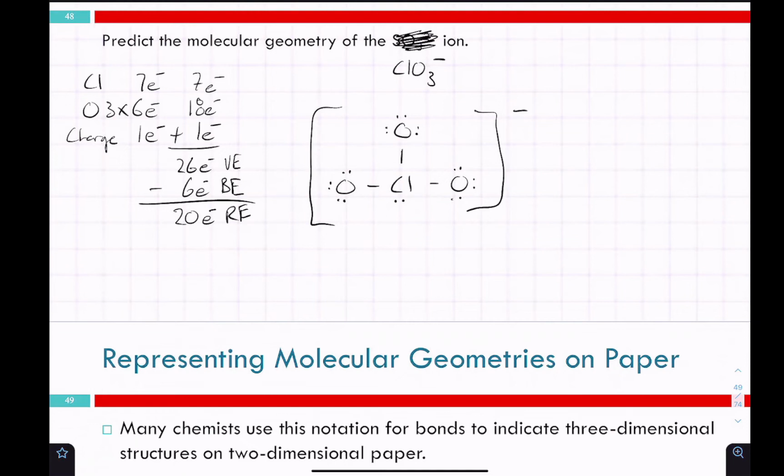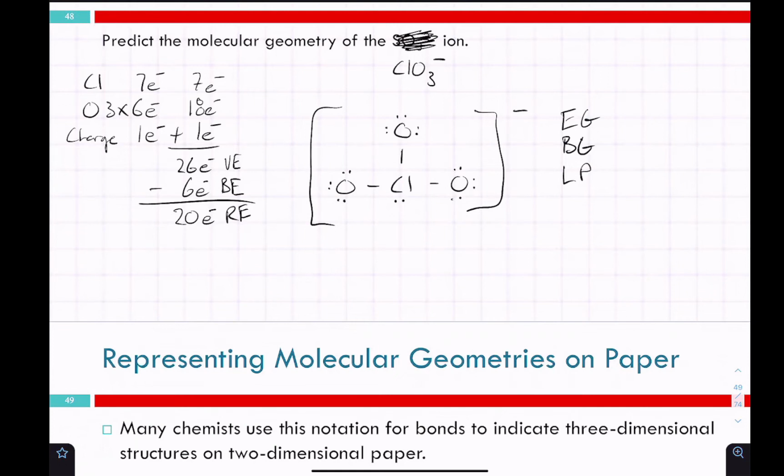Okay, so we want to know what the molecular geometry is, though. So we need to know the electron groups, bonding groups, and lone pairs. It's kind of like an inverted umbrella. Yes. But that has a different name. So how many electron groups?